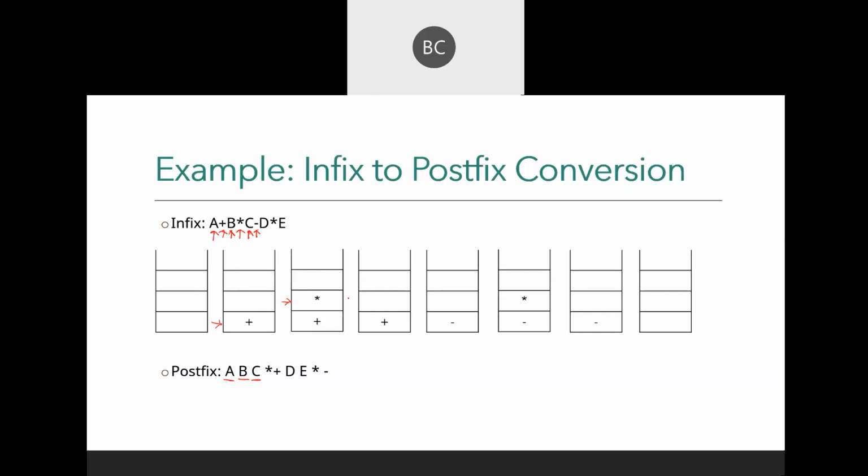On top, it's the multiplication sign, and multiplication has higher precedence than the minus sign. Therefore, you cannot directly push this minus sign into the stack. For that, we have to pop the multiplication sign and write it in the result section.